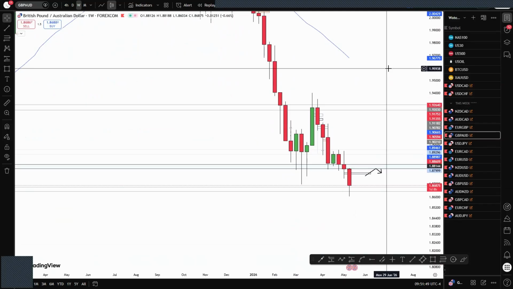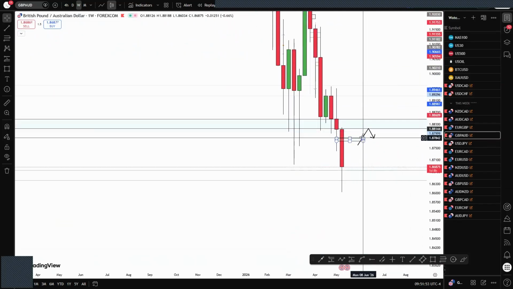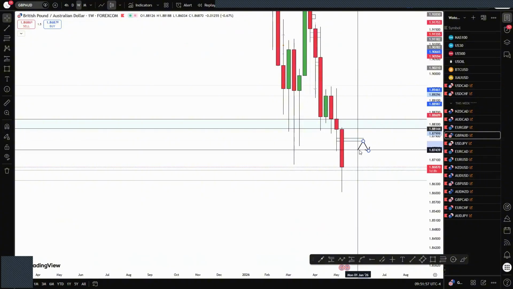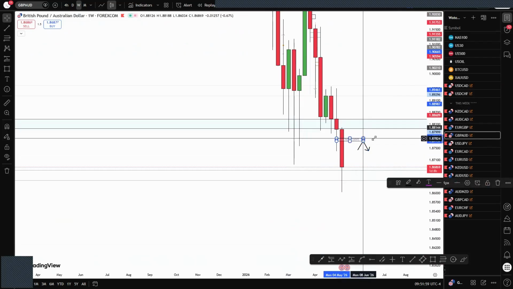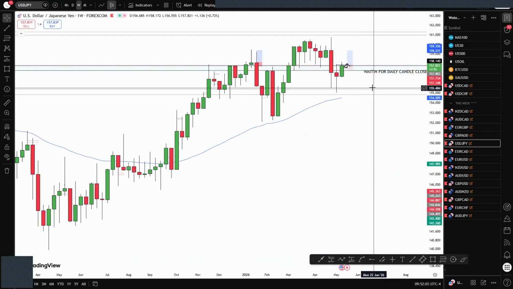Now imagine where I'm trying to catch my buy, and look at this level where I'm trying to catch my buy. Which one would you preferably take?